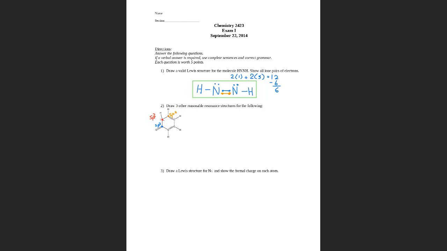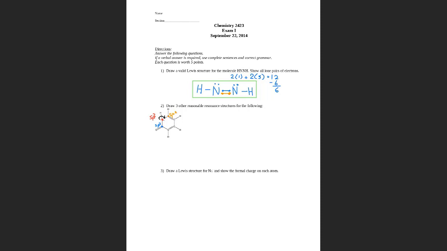Okay, so what happens here? I'm going to show the movement of the electrons with a black arrow. These electrons can either go over here and form a double bond there, or they can go on the other side and form a double bond there.